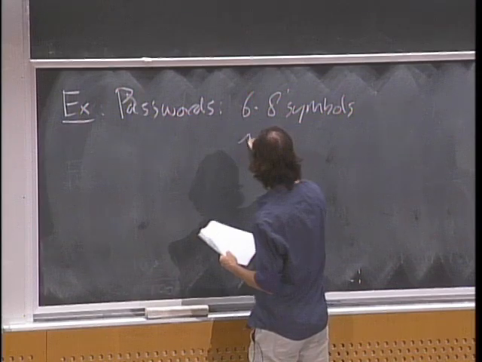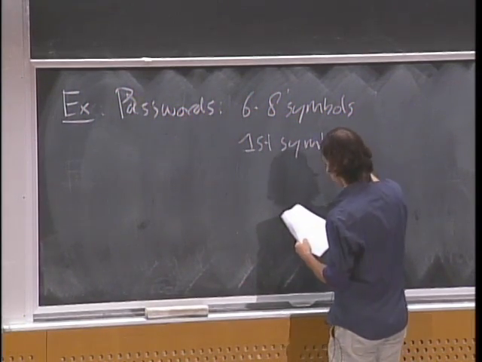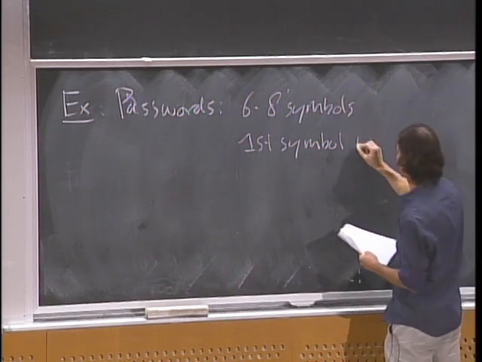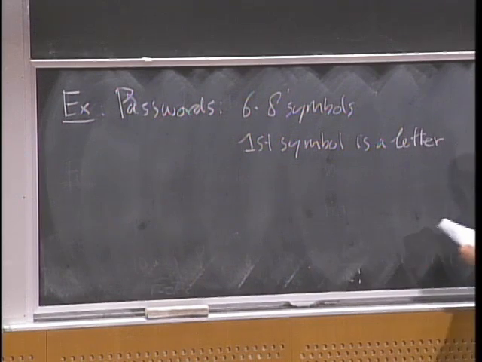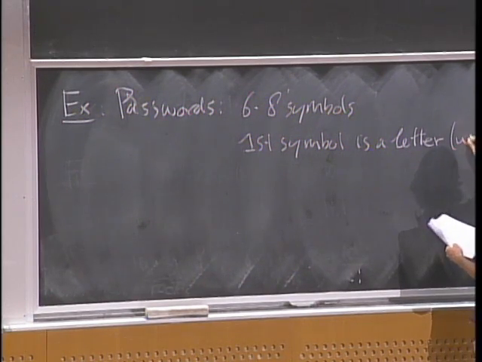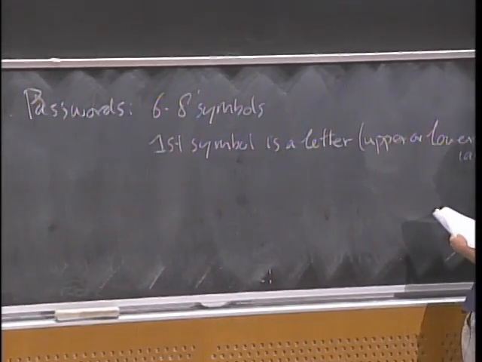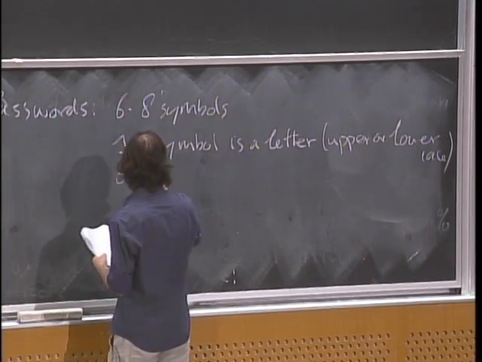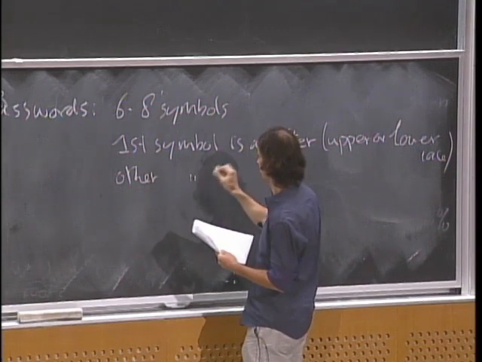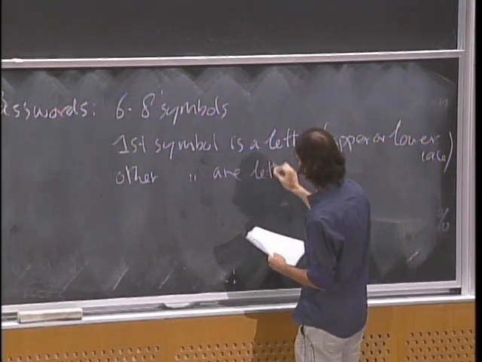We have that the very first symbol must be special in the sense that it is a letter, and this can be upper or lowercase. And say that the other symbols are actually letters or digits.